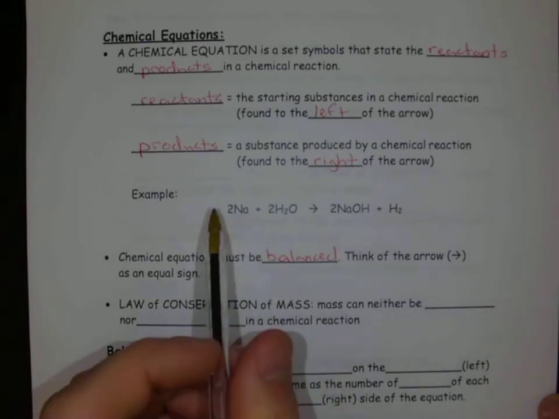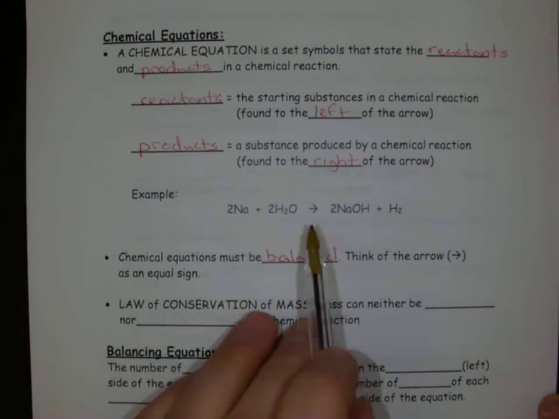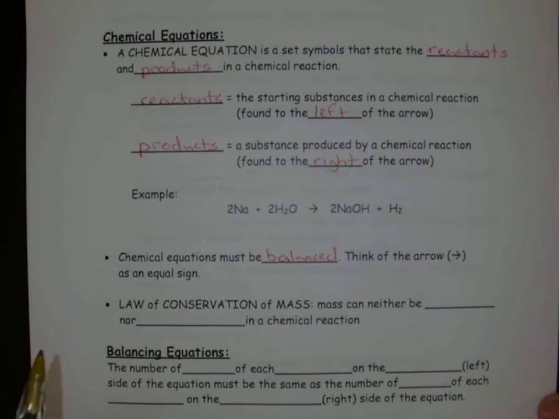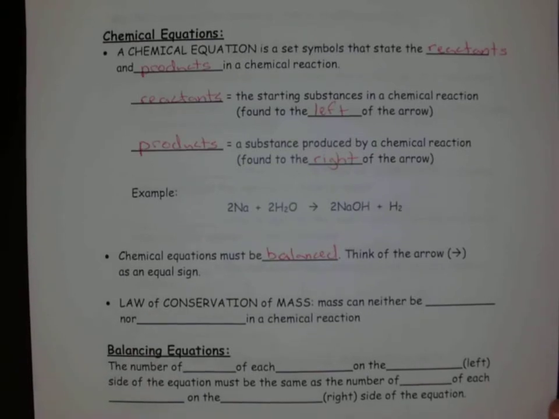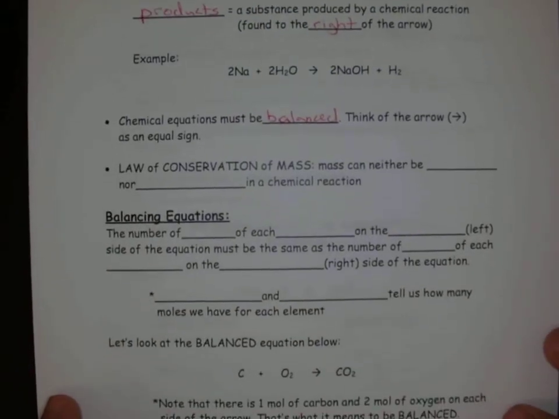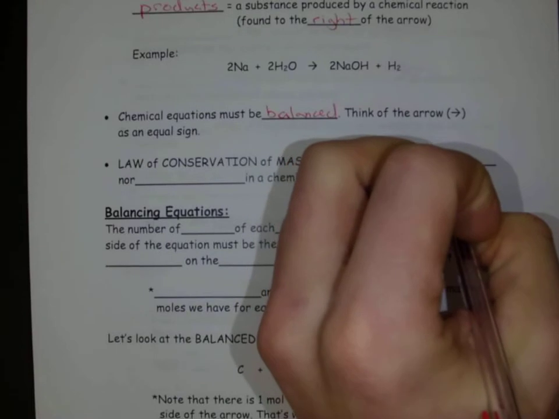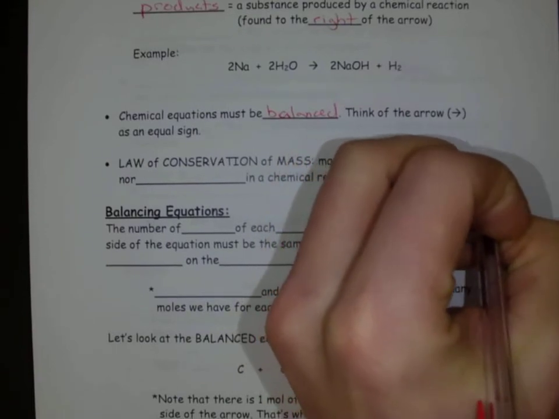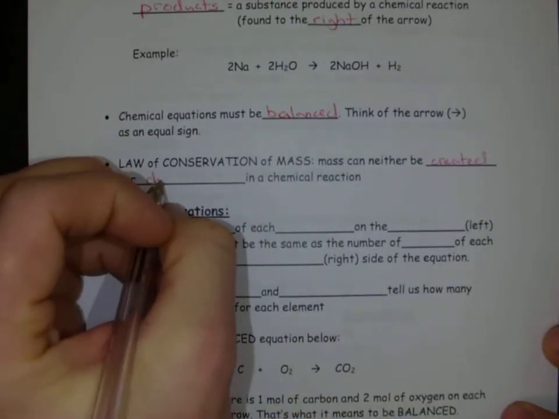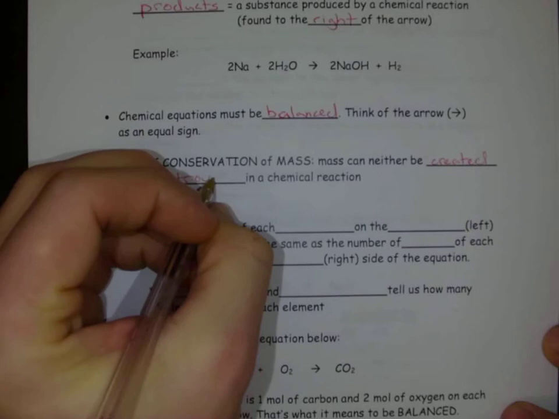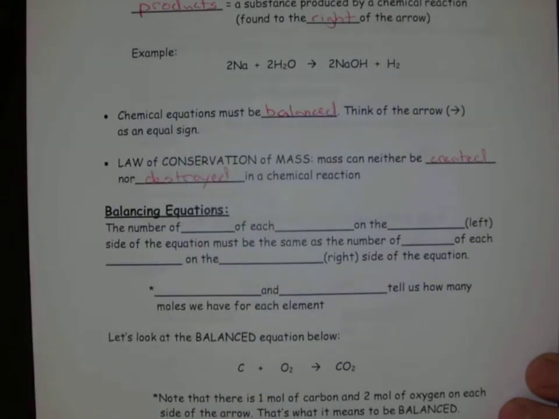So our number of each element matches on the left side and the right side because of our law of conservation of mass. Mass can neither be created nor destroyed in a chemical reaction, okay?